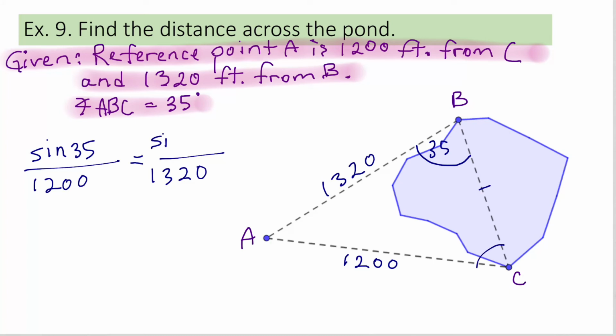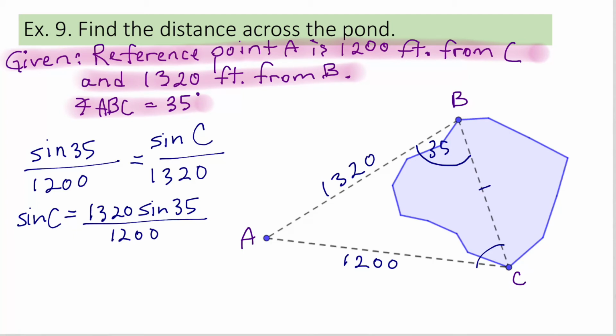Sine of C, we don't know C. All right, but we can figure out what the sine of C is and then do an inverse sine to get C. So we can say sine of C is equal to, cross multiply, 1,320 sine of 35 divided by 1,200. So I got 0.6309341.